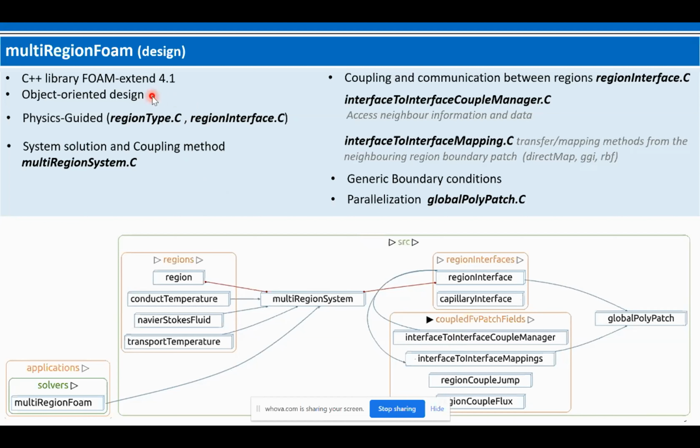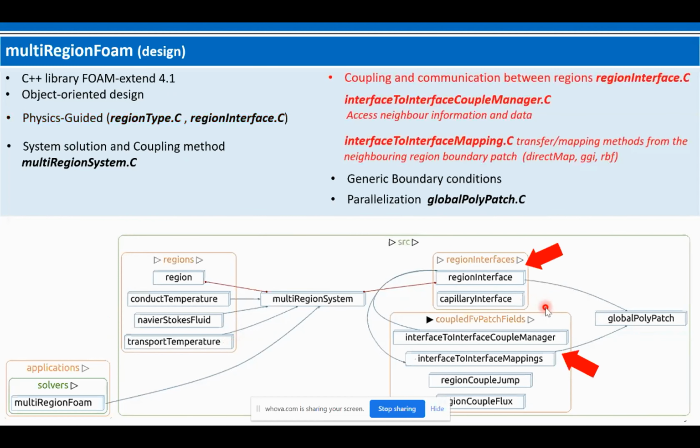As you might have already noticed, the main idea is that this code has an object-oriented design, and it's physics guided. Here I'm showing some examples of implemented specific region types, and also interface specific types.